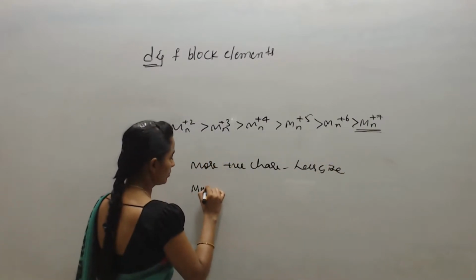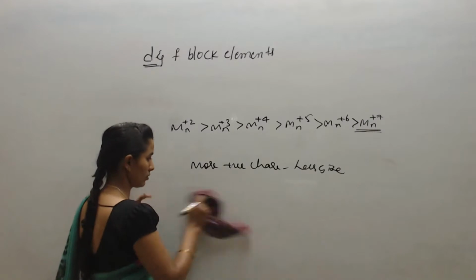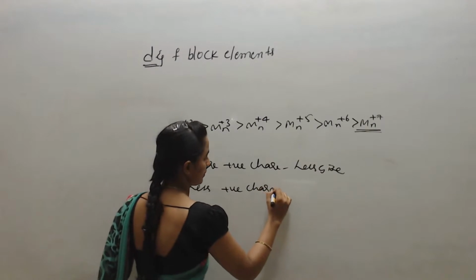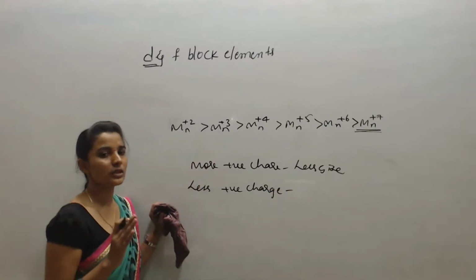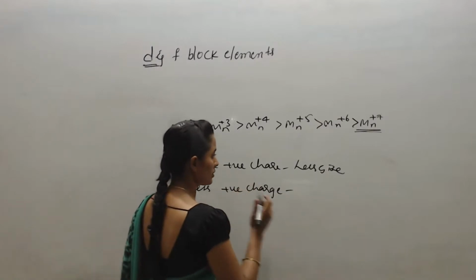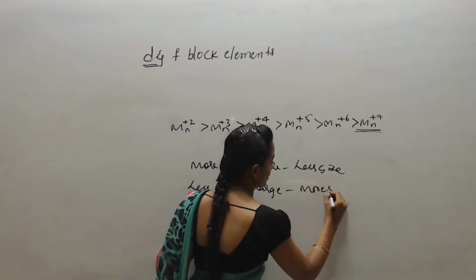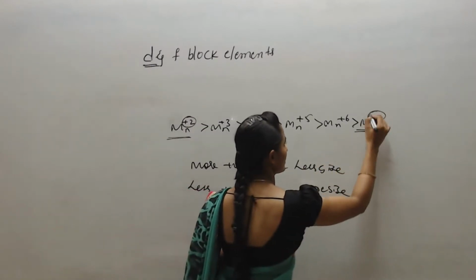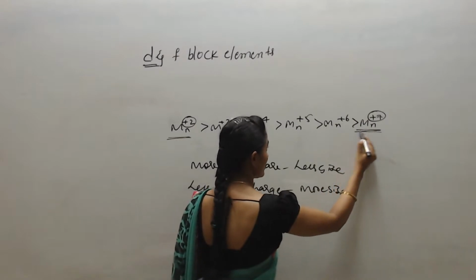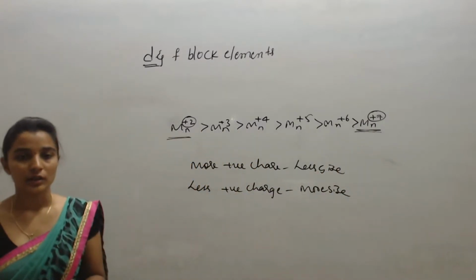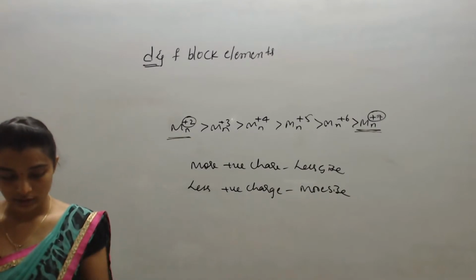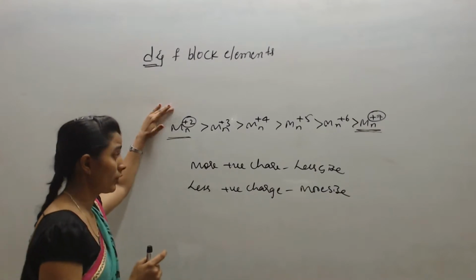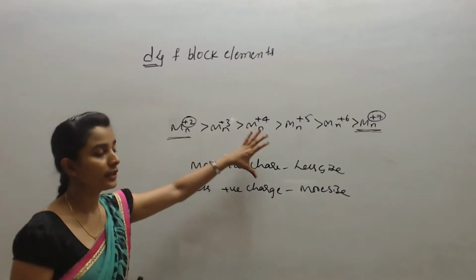Less positive charge, more size, because these are metals and show only positive oxidation states, not negative. So in Mn, plus 2 is the least charge and plus 7 is the largest charge, which means plus 7 is smaller in size and plus 2 is greater in size. So students, this is all about the atomic and ionic radius of the d and f block elements, and how the trend follows.